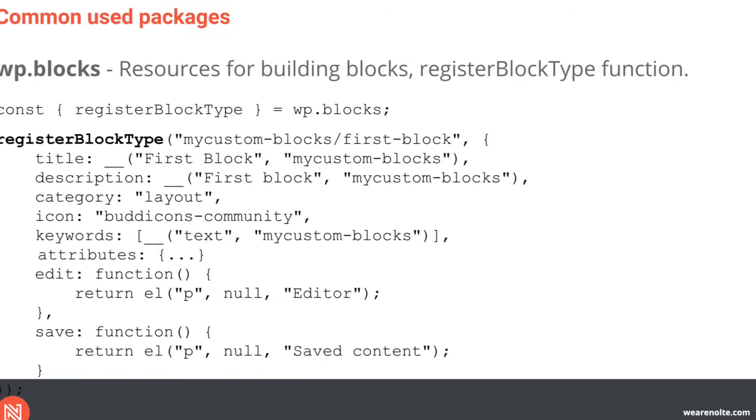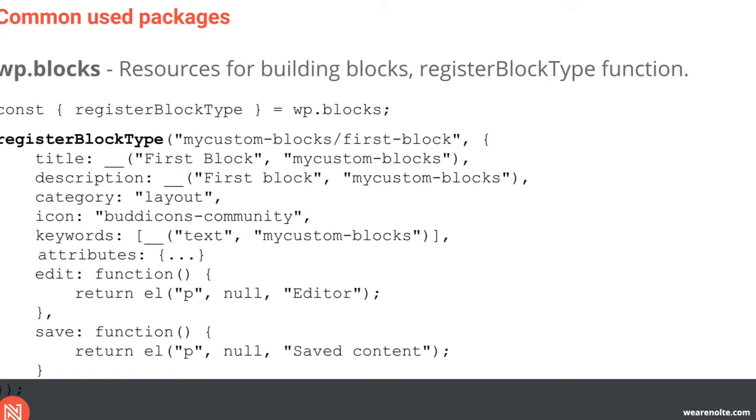In the blocks package, we find the registerBlockType function. The first parameter is the name of the plugin and the block, and we also have a set of properties. Title is the name of the block, then a description about the block, and category, which is how the block is organized with other blocks.